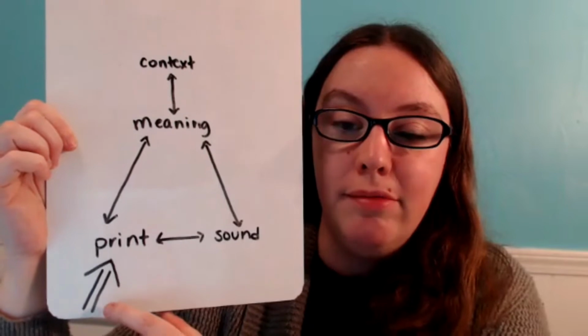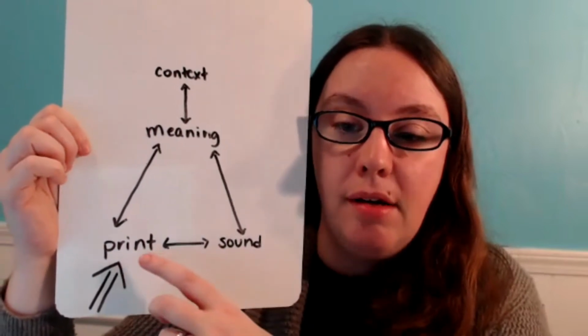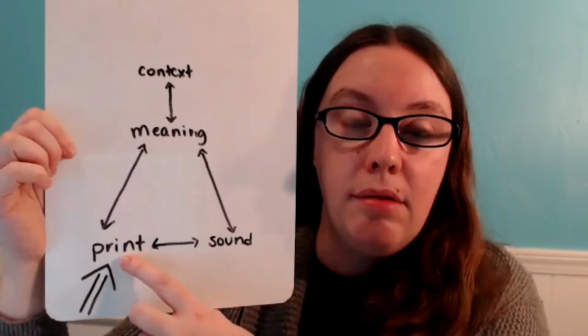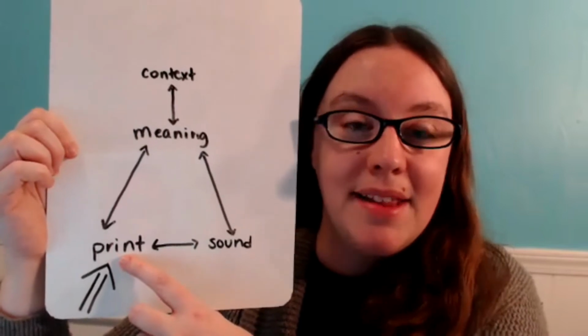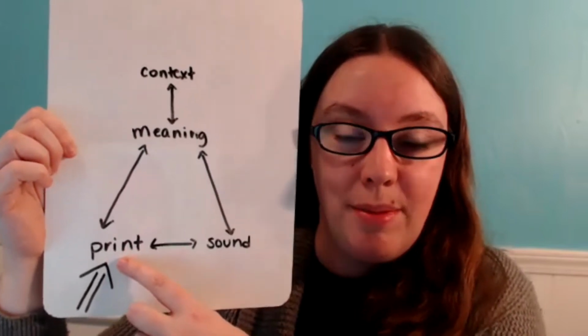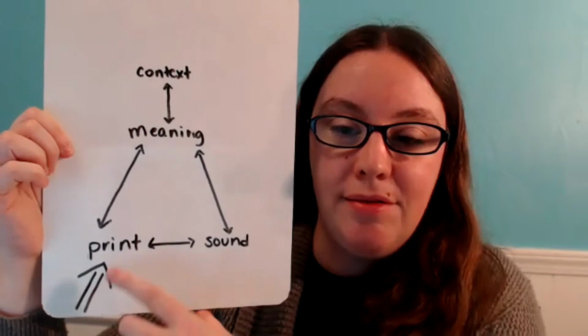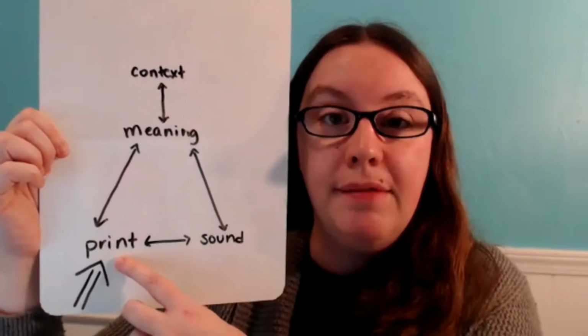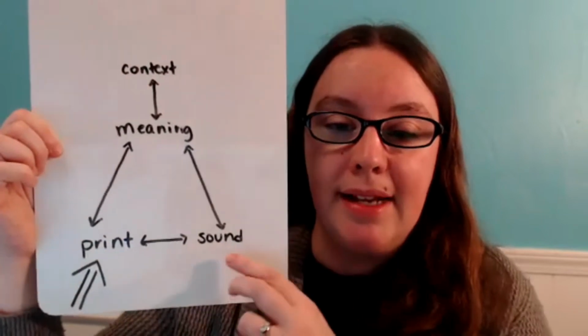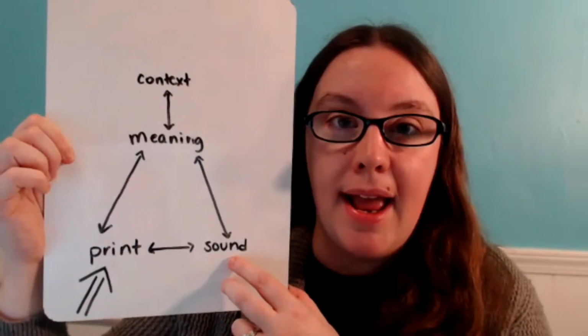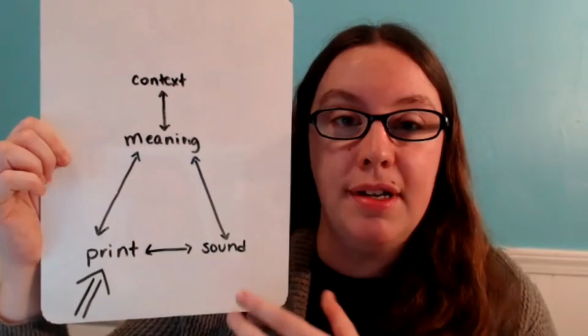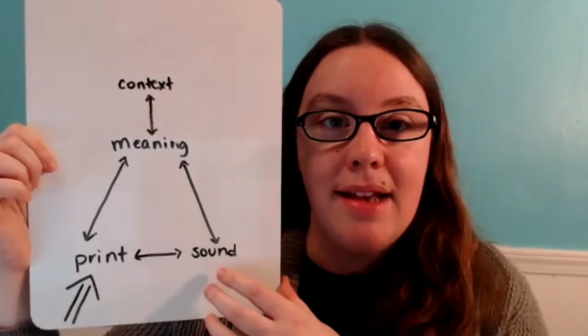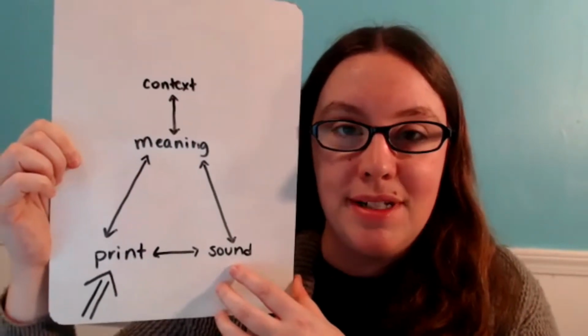So when we're reading something, we start with the print and we see the letters, and that information gets sent to our brain. So the beginning of the model actually happens down here in the corner when we see the print. And then the next step goes this way, and we have to take that print and turn it in our brain into a sound.